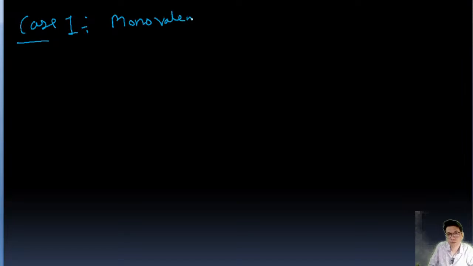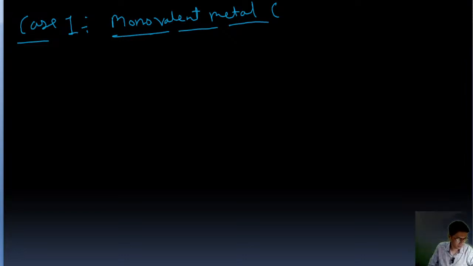Okay, so now there are two cases which we are going to study. Case 1 is for a monovalent atom, a monovalent metal. So if we talk about a monovalent metal, it means there is one electron, right?